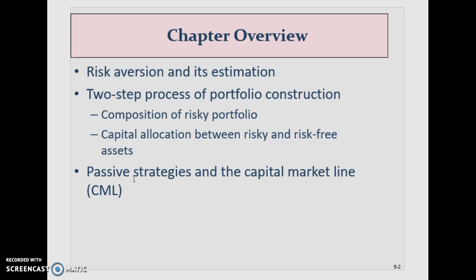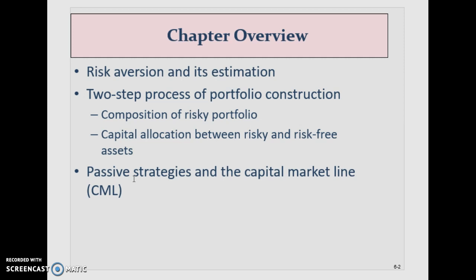This comprises a two-step process of portfolio construction. In the first step, we find the composition of a risky portfolio, and the second step comprises the capital allocation between the risky portfolio and the risk-free securities.